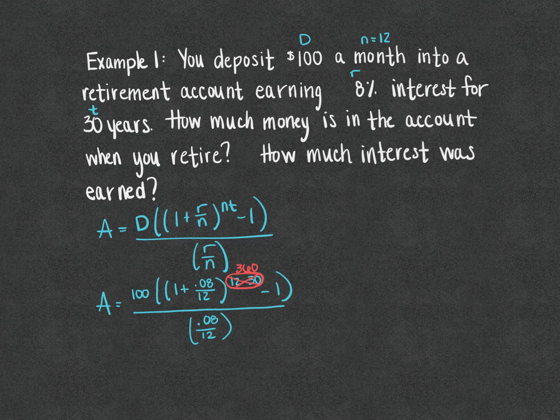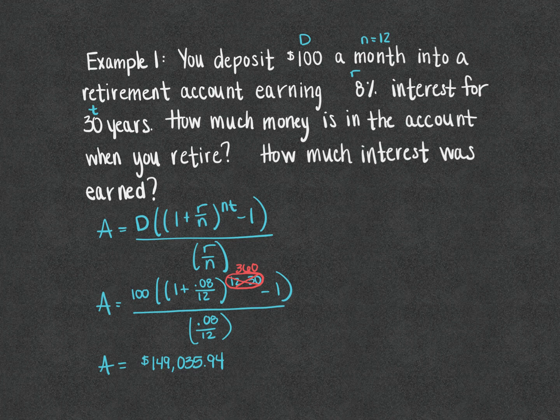But as you go ahead and put all of that into your calculator, again, with all the parentheses, the exponents, the fractions, the whole nine yards, you will find out that 30 years from now, your $100 a month for 30 years has turned into $149,035.94. And again, on the next screen, I will give you more information about how you can get that number if you're struggling on your calculator.